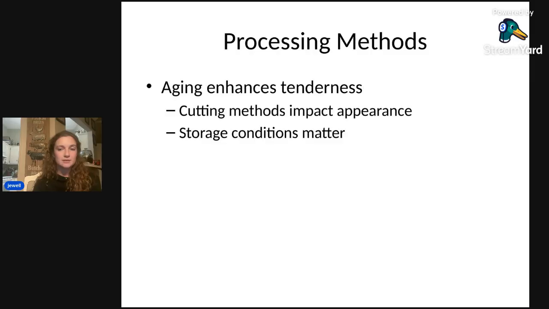And then our processing methods, of course, this goes back to oxidation. The biggest example I have of this is our lamb. Whenever we put our whole lamb, or our subprimals, or retail cuts out into retail, they are vacuum sealed, which means that they do not have exposure to oxygen, which means that they will not change color, and they will maintain that pink or dark red color.